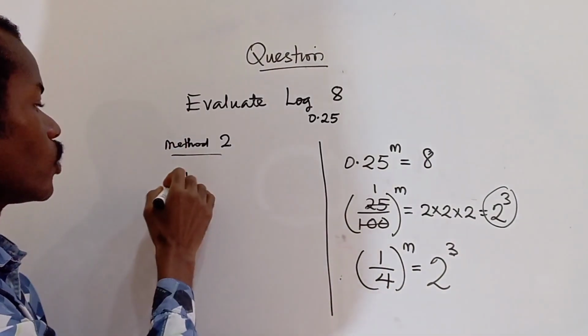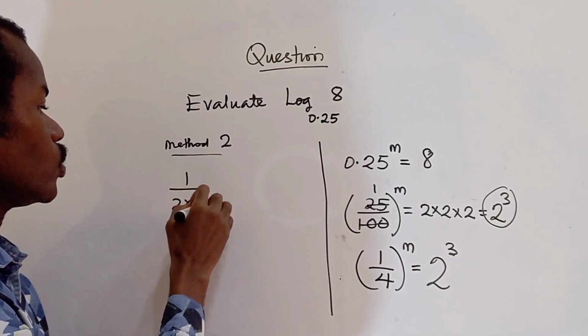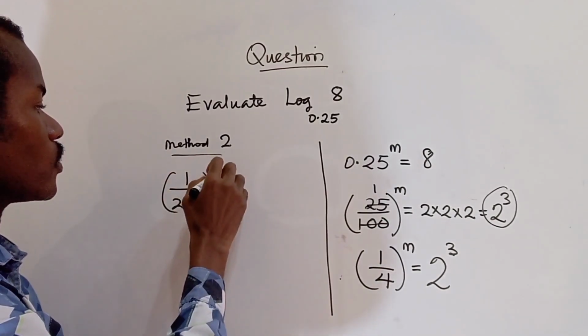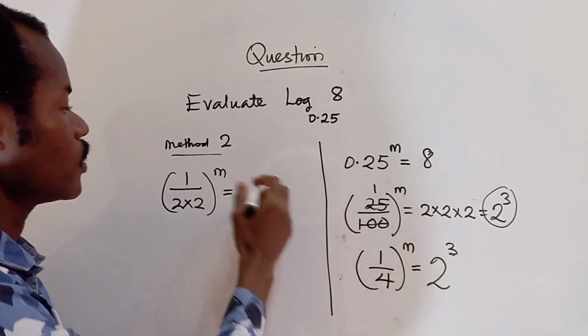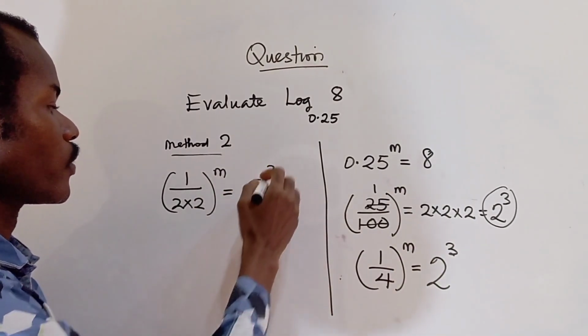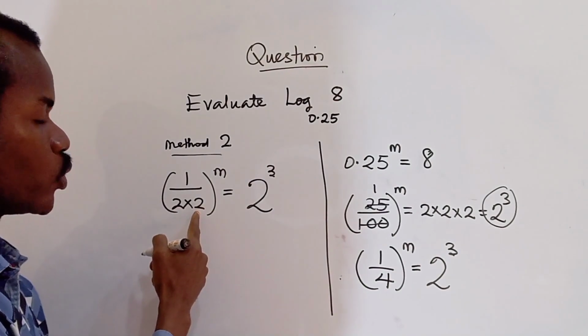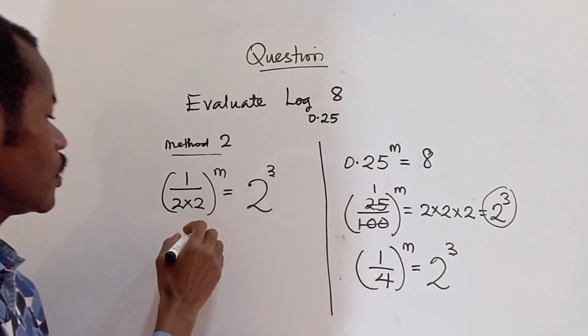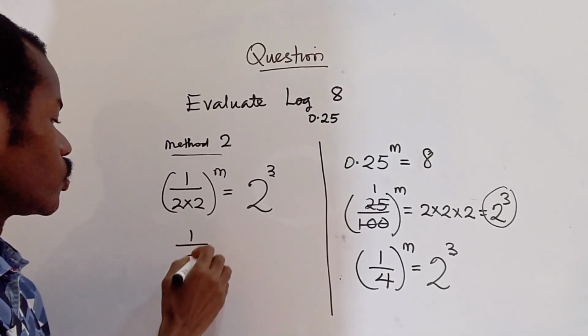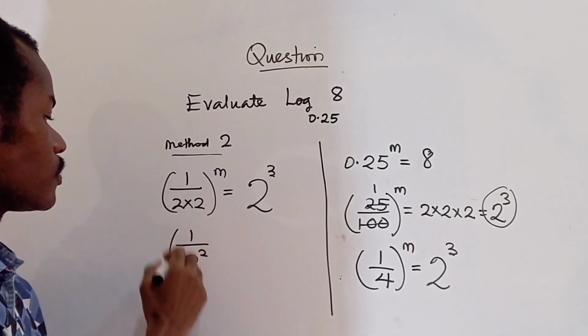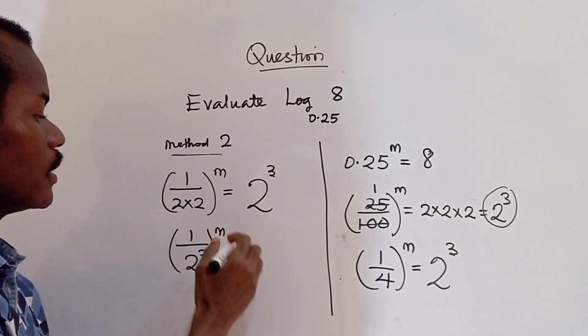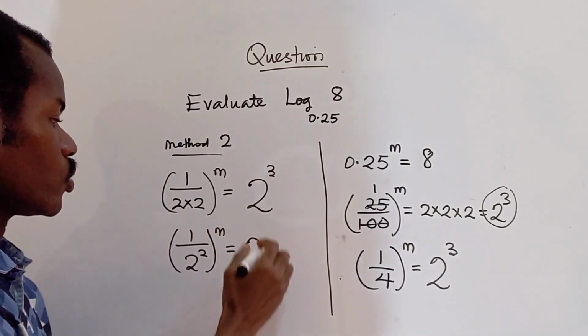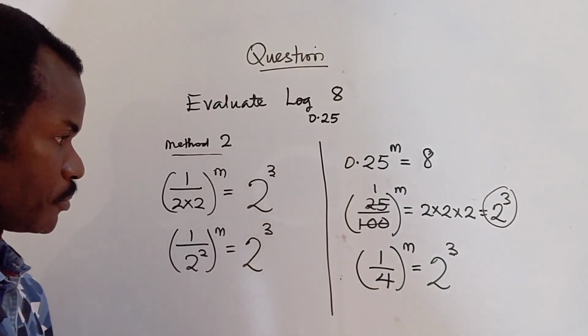Remember, 4 means 2 times 2. So to the power of m is equal to 2 raised to the power of 3. Now 2 times 2 in exponential form, we can write as 2 to the power of 2, in brackets, to the power of m, is equal to 2 raised to the power of 3.